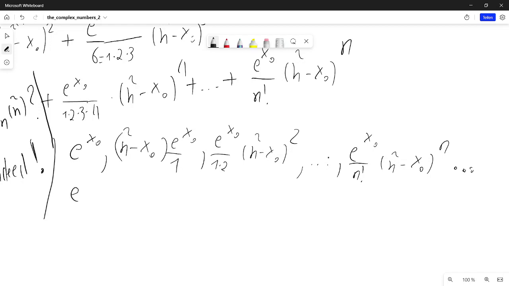And now this is a sequence too, right? Just like we had those summations.